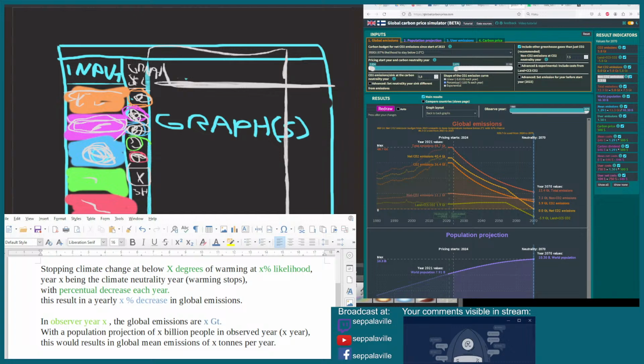But I think that's a little bit unintuitive, because we're used to a world where we go from left to right, so the causality between the inputs and the text results would be a little confusing, especially when we have the graph results to the right of the inputs.